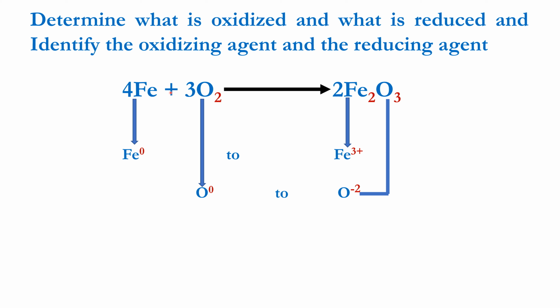So, iron is oxidized, oxygen is reduced. Iron is a reducing agent, oxygen is an oxidizing agent.